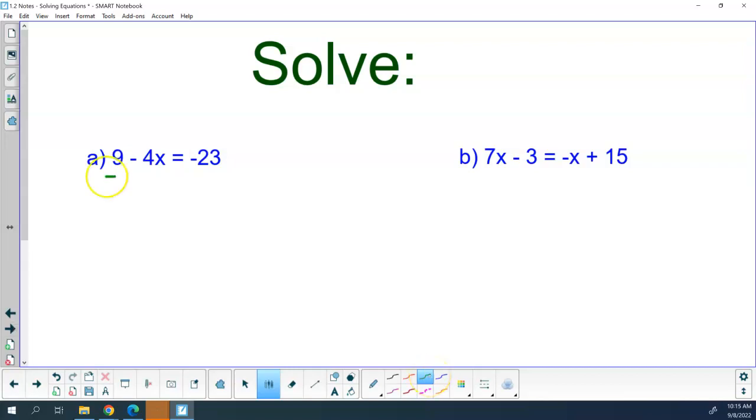So Raya, you said subtract 9, correct? Okay, I like that. And then that leaves me with negative 4x equals, let me go with negative 32. Then what? Divide by negative 4 now? No, that's a bad negative 4.